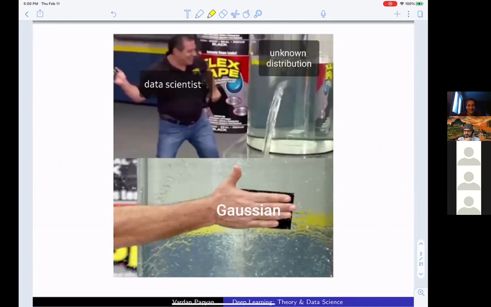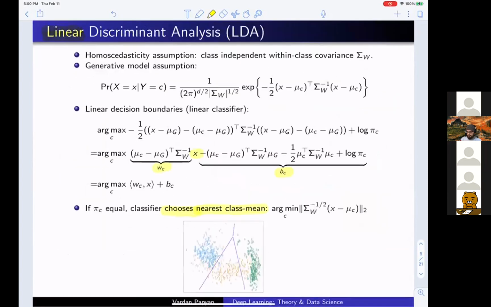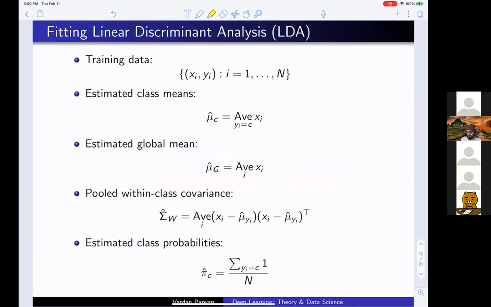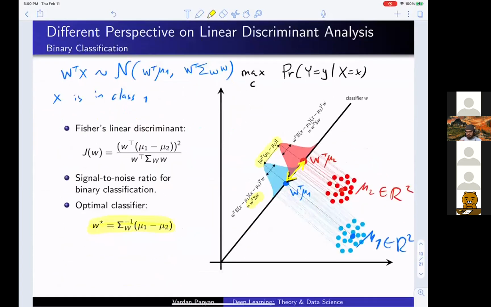Is there an objective to optimize in the case of quadratic discriminant analysis? In the case of quadratic discriminant analysis, let me see. Not that I can think of from the top of my head, Jack.